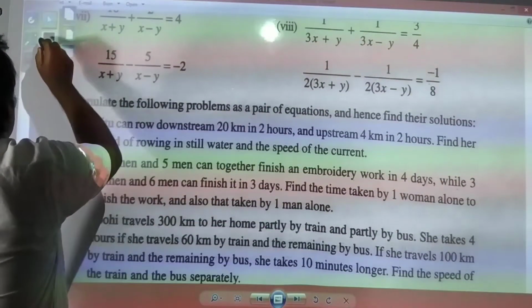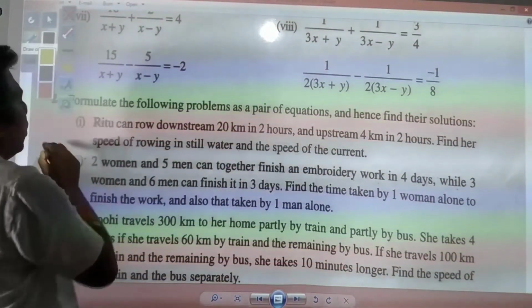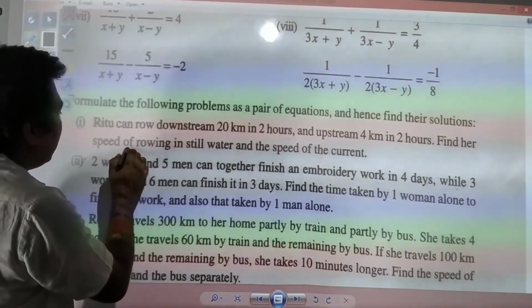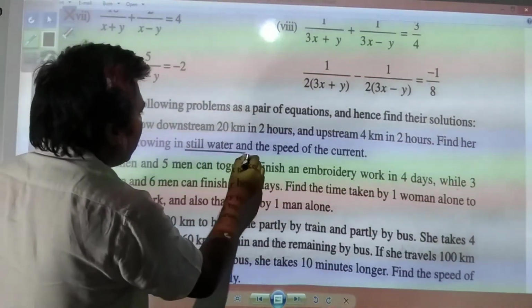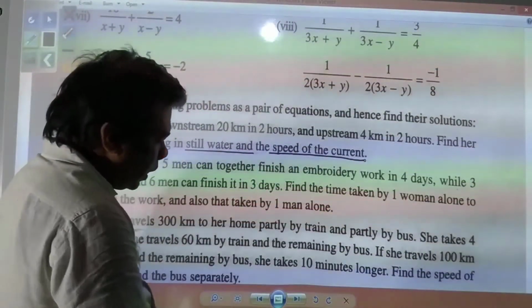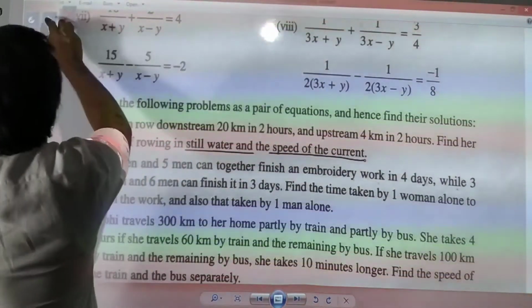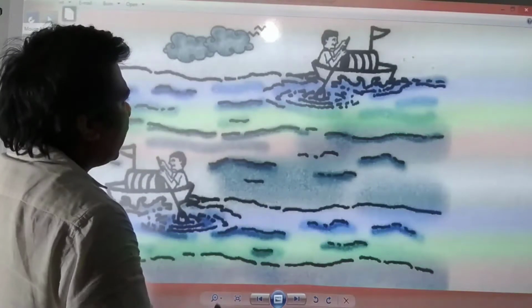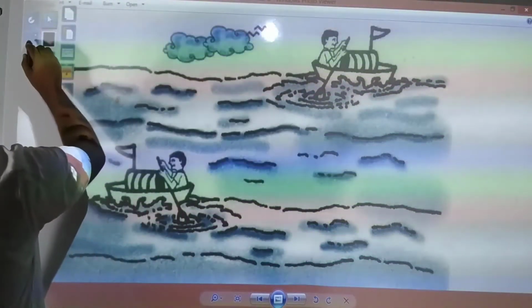So we need to find the speed of rowing in still water and the speed of the current. So let's see. First try to understand, as it was explained last day.